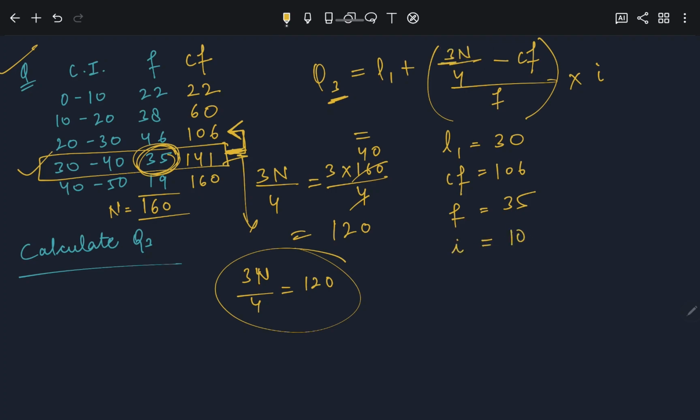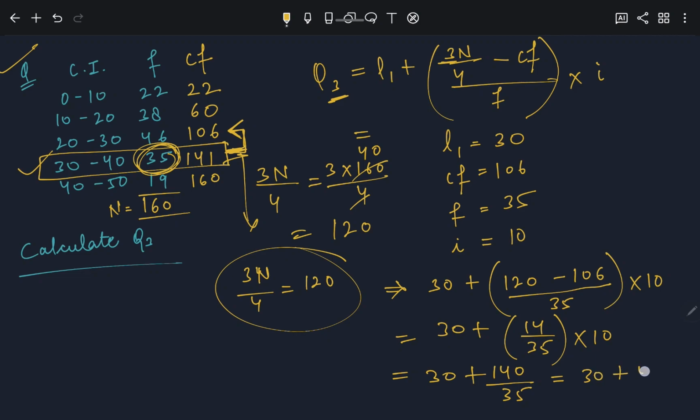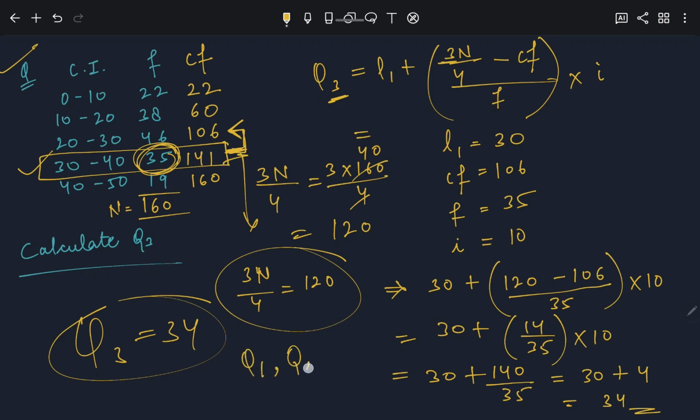Now by putting the values in the formula, we got 30 plus (120 minus 106) upon 35 into 10. We will solve this. 140 divided by 35 will be 4, so 30 plus 4, which will be 34. So our Q3 is equal to 34. With the same approach, you can calculate Q1 and Q2 as your homework.